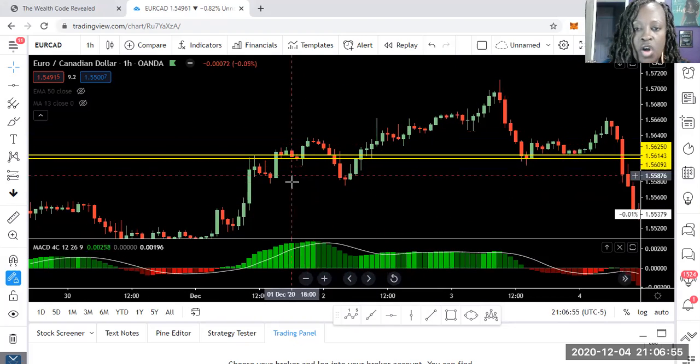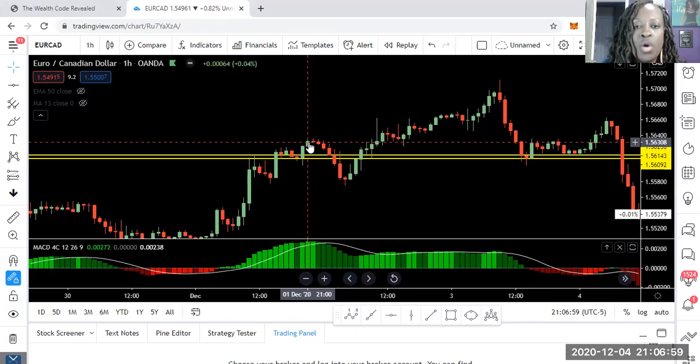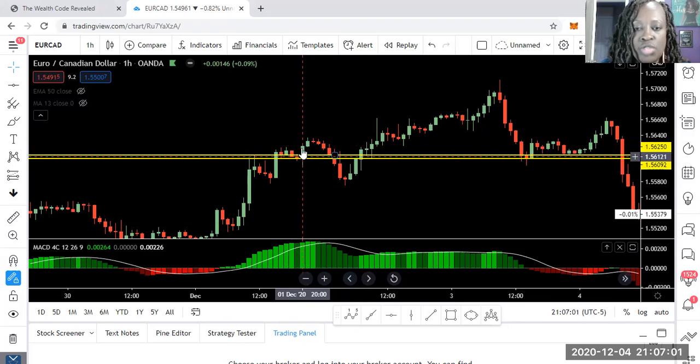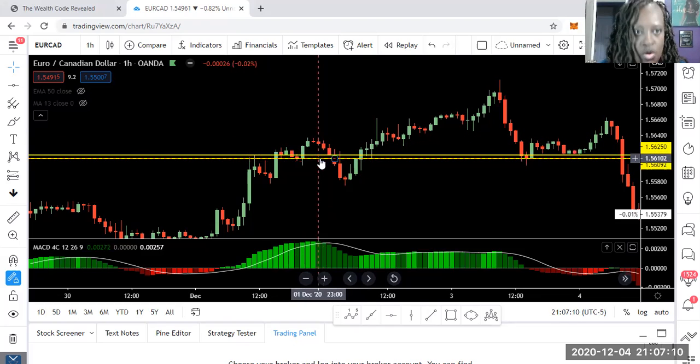Okay, so this is the engulfing candle. We're looking for buys, right? So now your candle has closed here. You see it's an engulfing candle. Now what you want to do is wait for price to come back in your zone. Point blank, period. Come back in your zone. And then you position yourself for the trade.